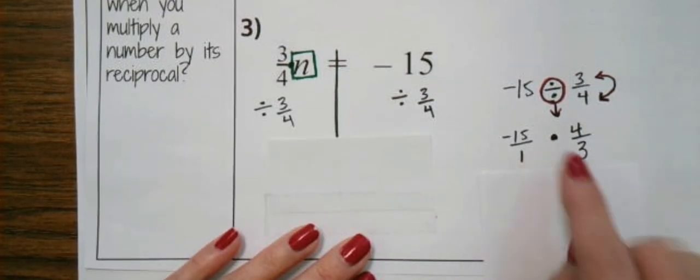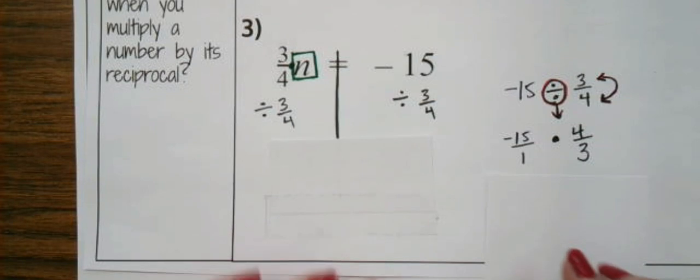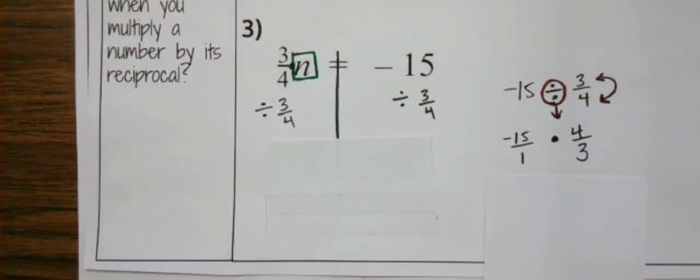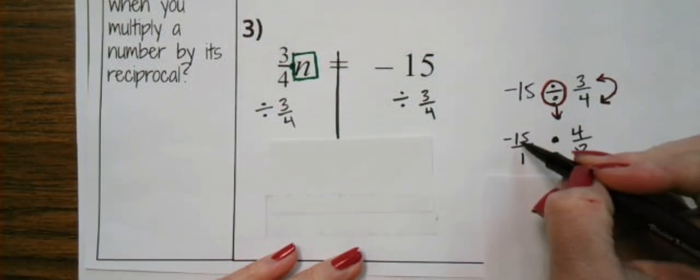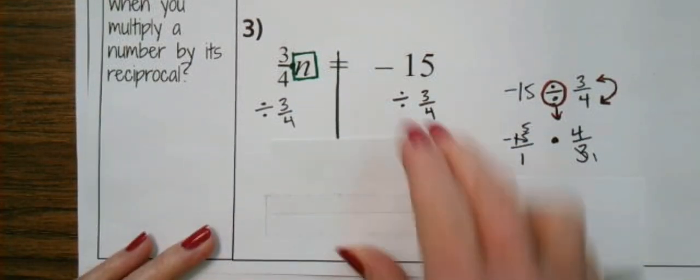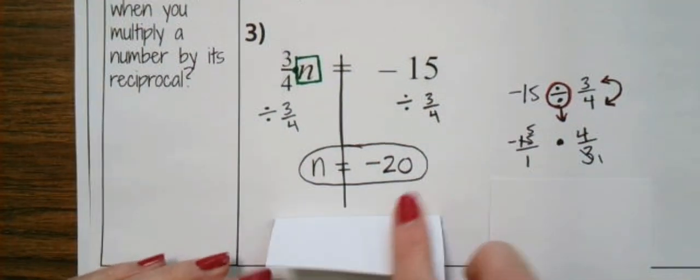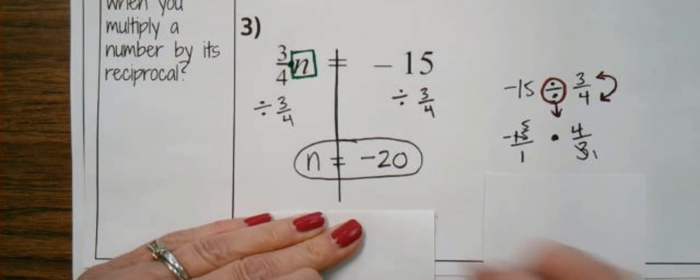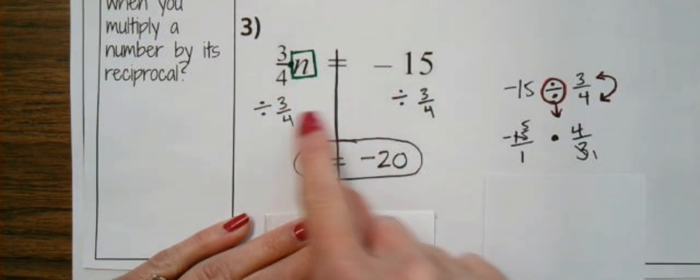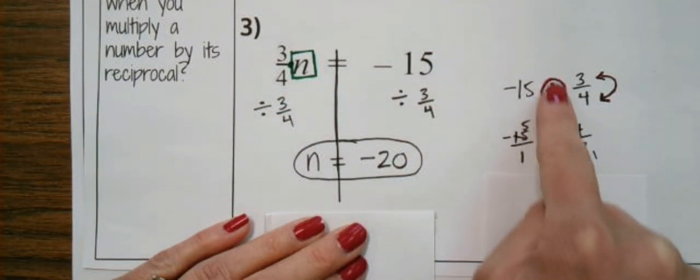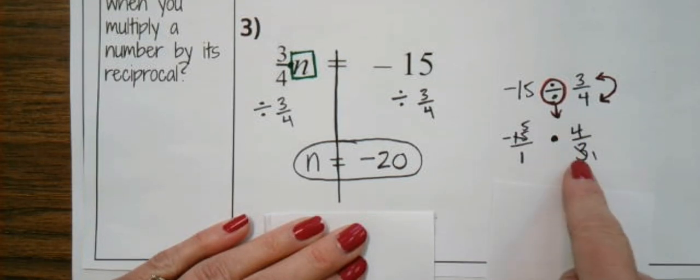I then would change the problem to multiplication. So what I could do then is simplify before I multiply, divide by 3 here, divide by 3 here, and I would end up with n equals -20. Okay? But notice that by dividing both sides by this fraction, I end up multiplying by the reciprocal.